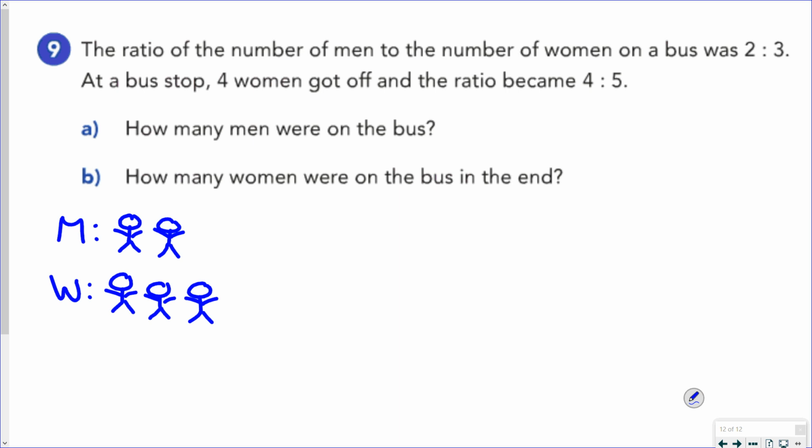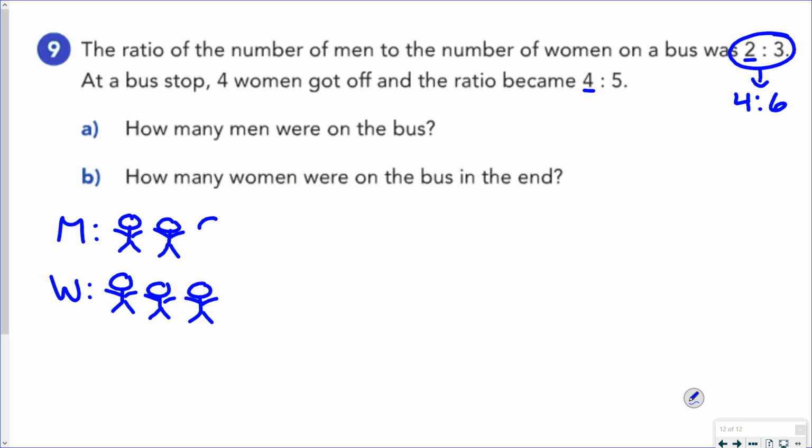At a bus stop, 4 women got off, and the ratio became 4 to 5. So since 4 women got off, the actual number of men does not change. Well, in this ratio, men is represented by the 2. In this ratio, it's a 4. So we're going to take this 2 to 3, and we're going to convert it to 4 to 6.